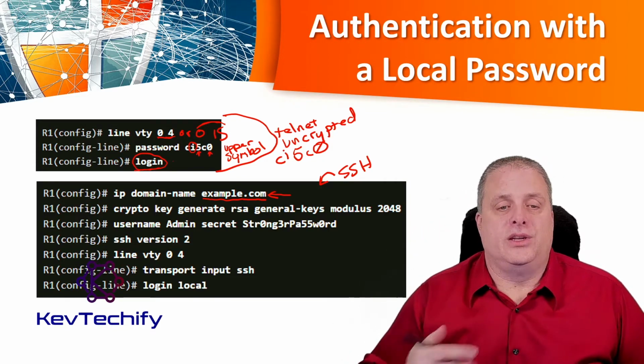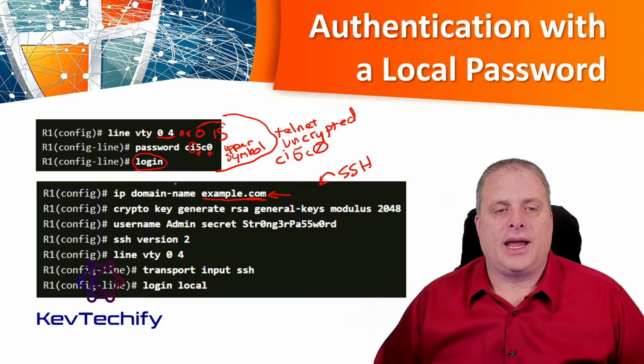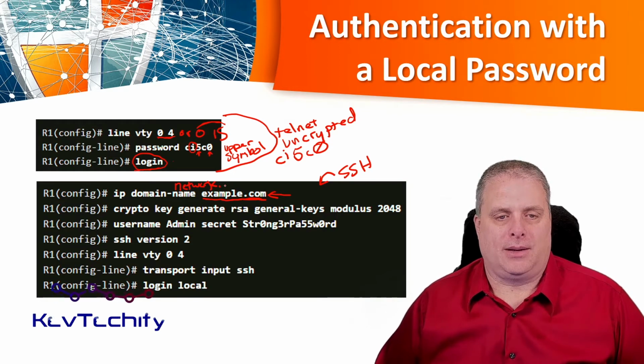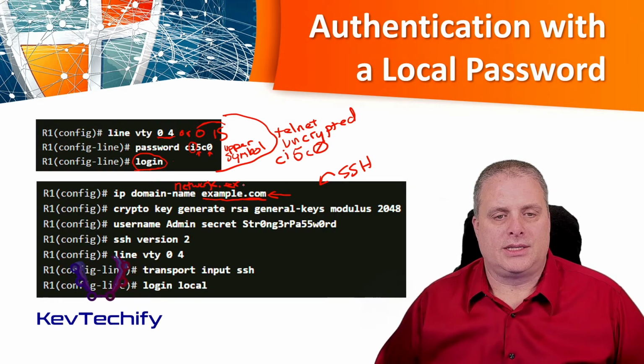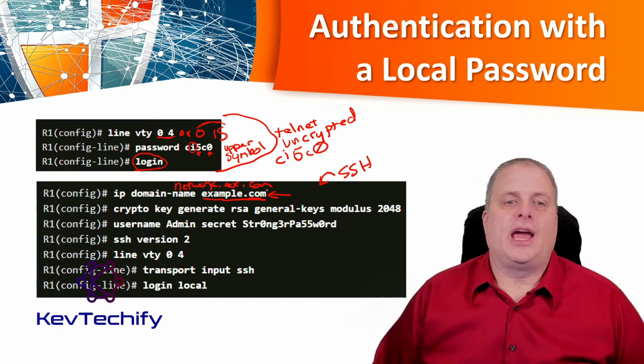What I like to do is use the company top level domain, example.com, but add something like network, so it's network.example.com. That way it's different, but you still have your domain name.